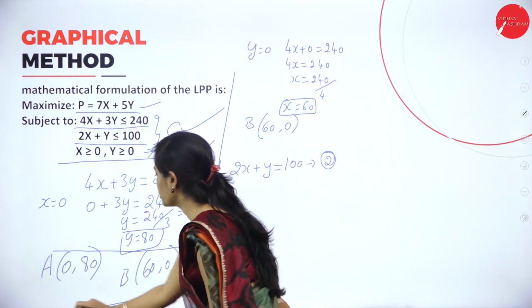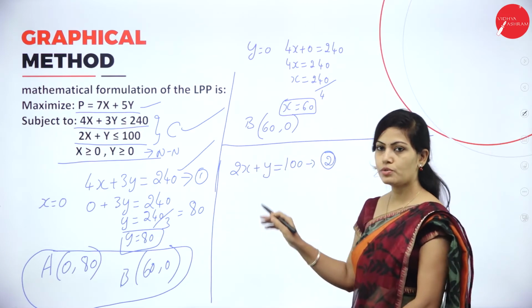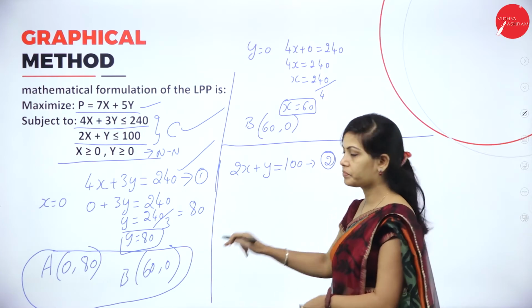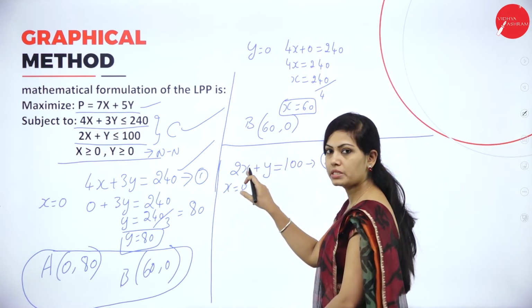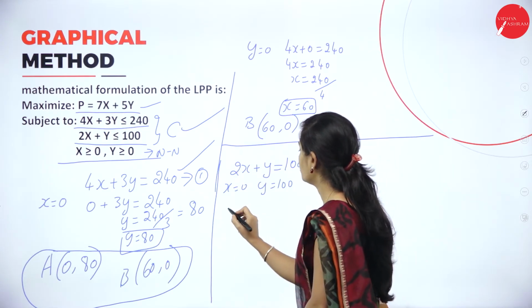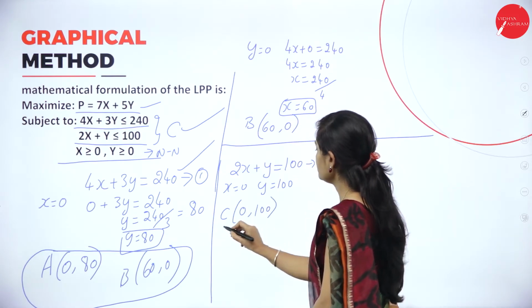This is very important. And using the second equation, I will find C and D. First I will put x is equal to 0. X is equal to 0 means 0 into 2 is 0 and y is equal to 100. So the point is 0, 100.